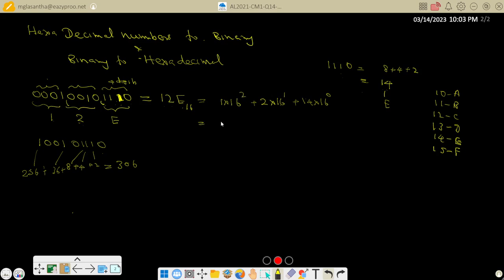If you simplify this number, this is 256, this one 32 plus this one 14. So if you add these three numbers, something went wrong, no?